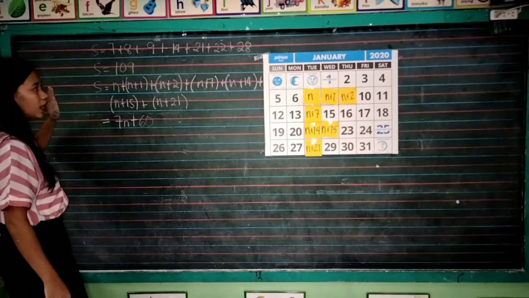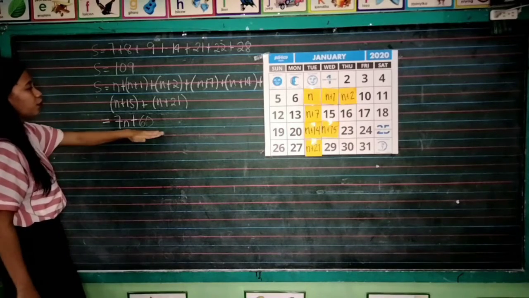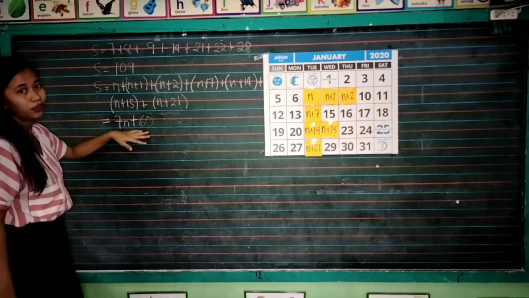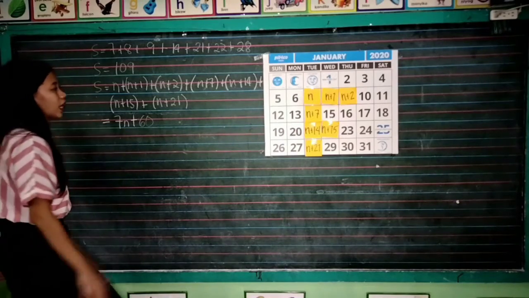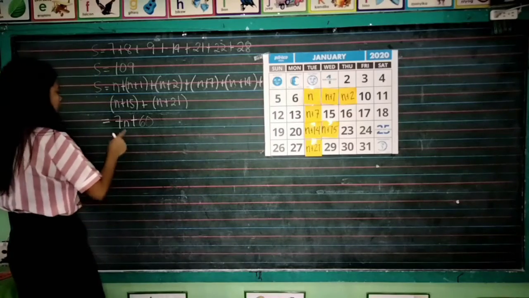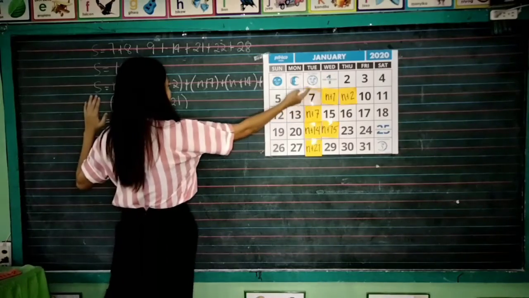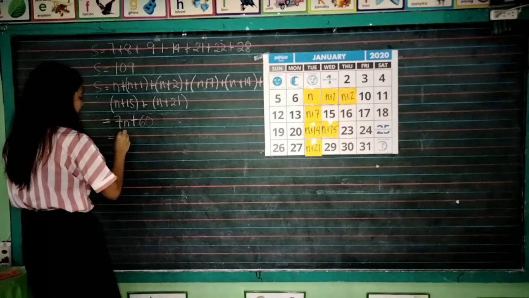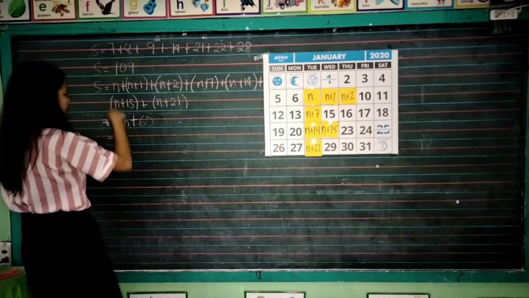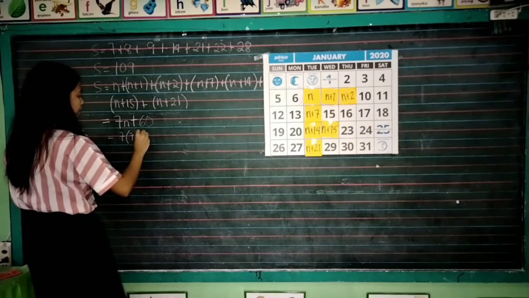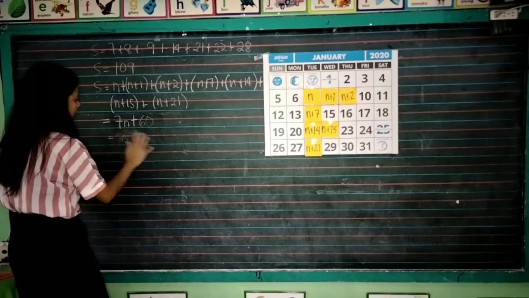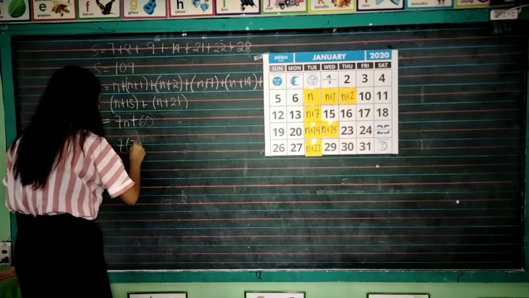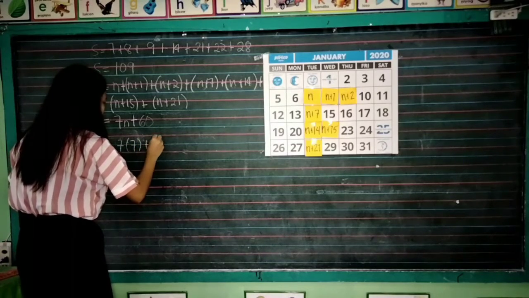So let's check if we can get the same answer from this general formula. So sabi natin let n be the smallest number. So ang smallest number natin is 7. Yung n, substitute natin ng 7. 7 times 7 plus 60.